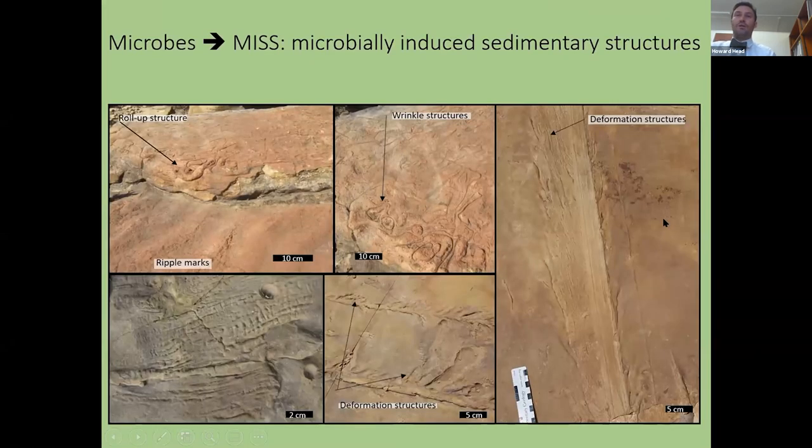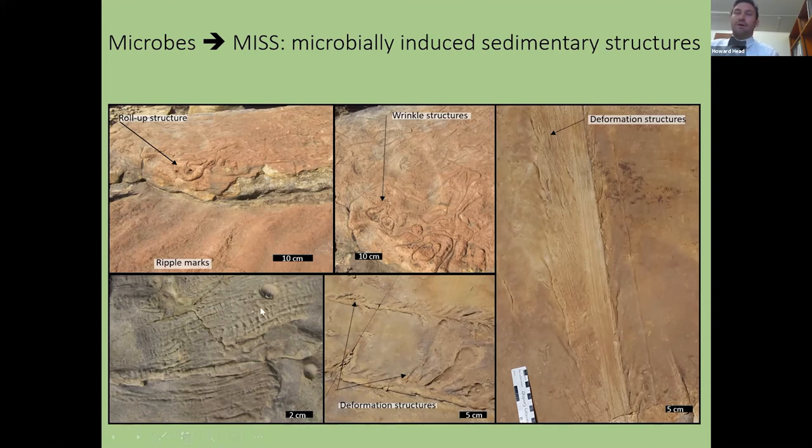All right, then overall, microbial activity has been shown to be present in all of these sites that we've studied, and this in the form of microbially induced sedimentary structures. Here we can see some wrinkle marks as well as mat roll-up structures, and then some deformation structures that do indicate cohesive behavior of the substrate, which also points towards a substance like microbial mats that would have caused that deformation.